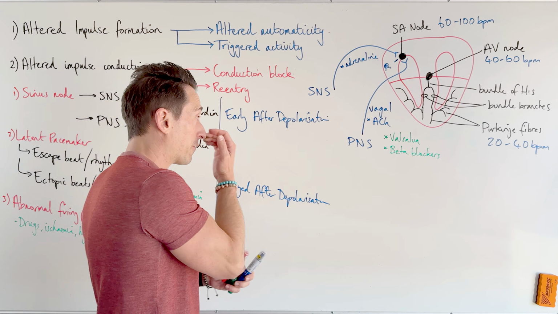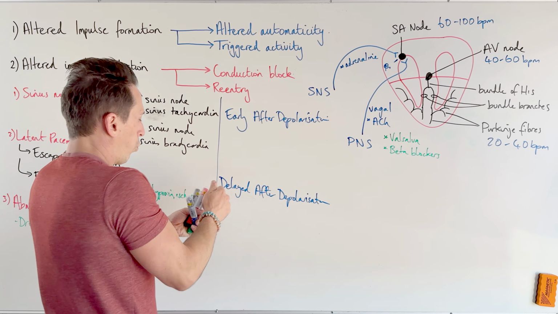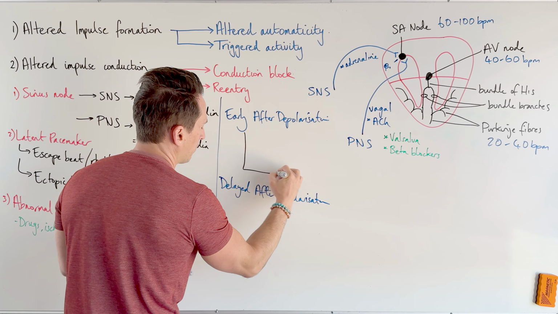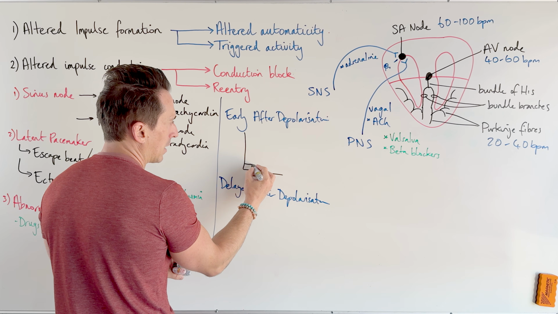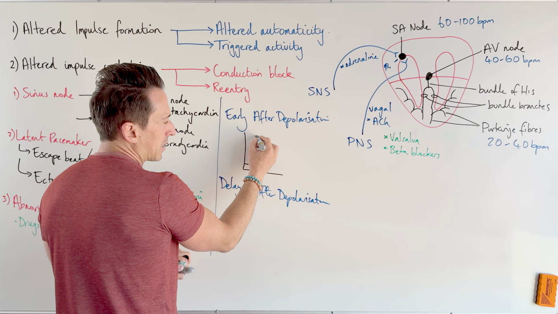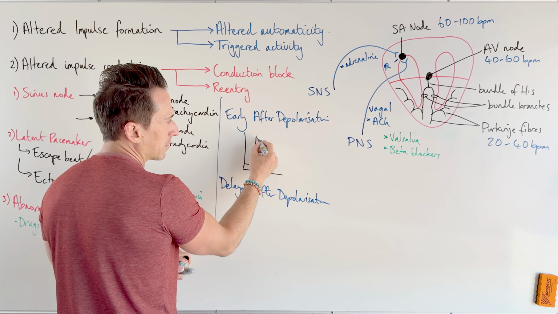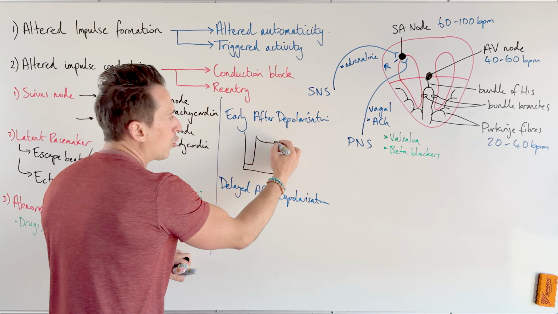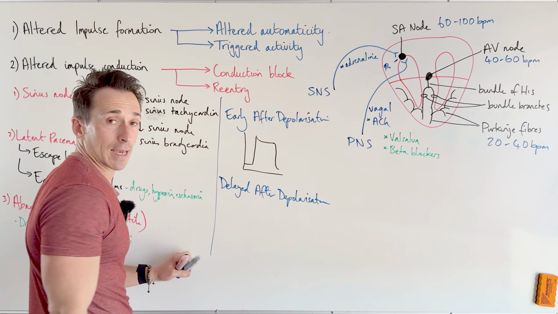So to understand the differences here, what's happening is that if I were to draw up an action potential for a cardiomyocyte, right? So nothing's happening, then you get the depolarization phase, then you get the calcium influx and potassium efflux, so you get the plateau phase. Now, here's the thing. Normally, it'll go down and reset, right?